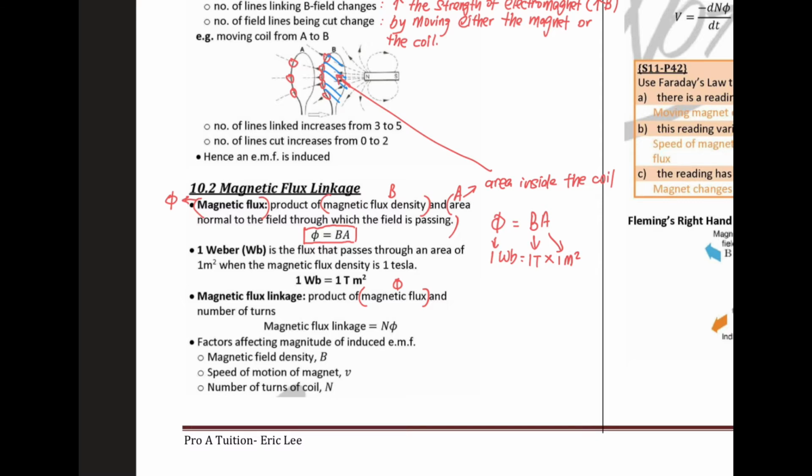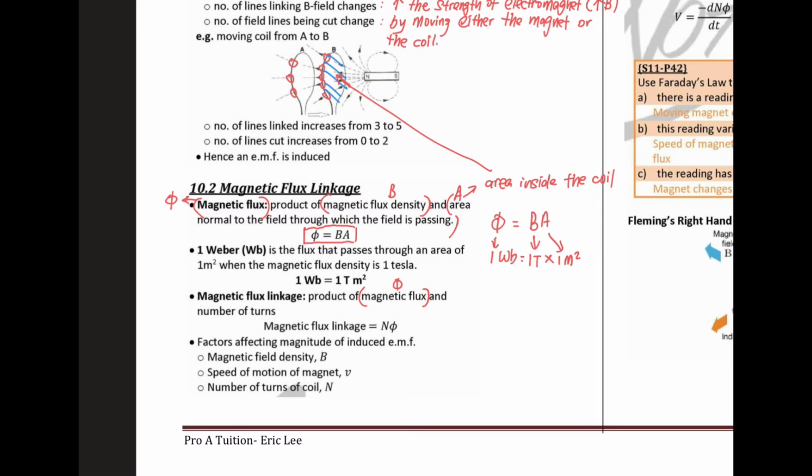So that is the meaning of magnetic flux. You know what is magnetic flux already. It's how many field lines passing through an area that is normal to it.